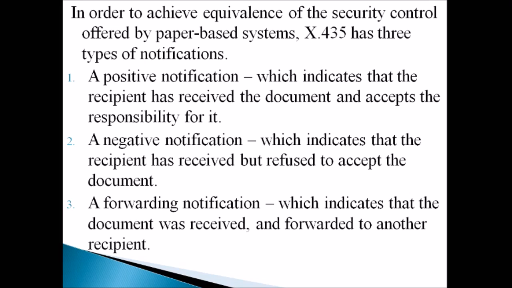The third one is a forwarding notification, which indicates that the document was received by the recipient and also forwarded to another recipient. These are the three notifications provided by X.435 in order to achieve equivalence of the security offered by paper-based systems.